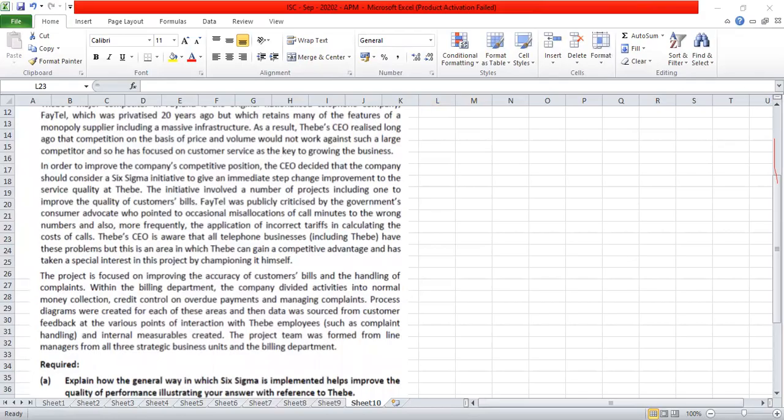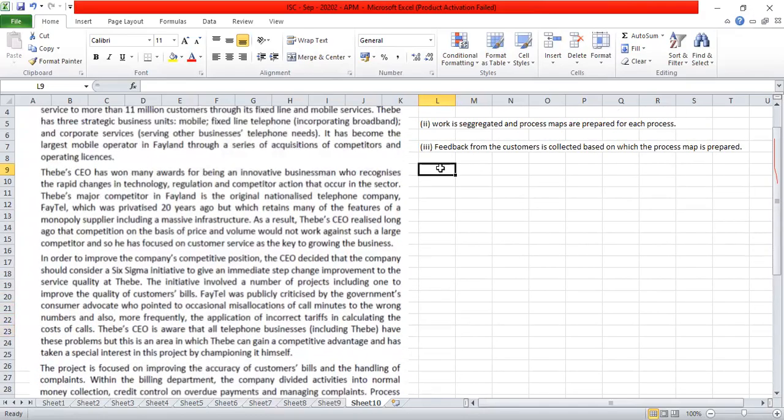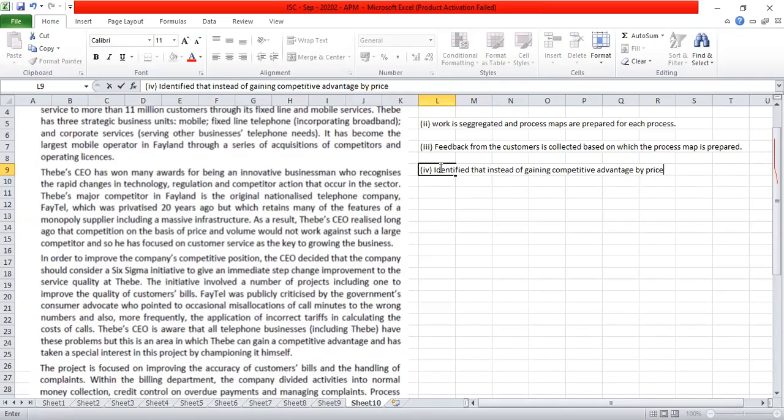So they felt that they cannot gain advantage if they work on cost control. Differentiating themselves by providing better services.